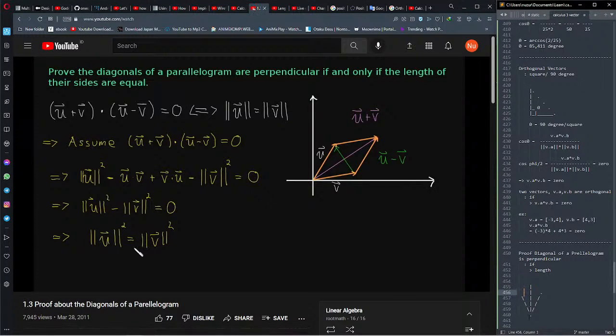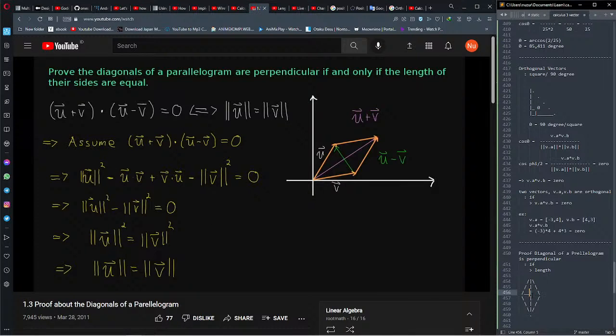Well, lengths of vectors are always positive, and so we could take the square root and not really worry about messing up this equality, because we're not going to need the negative part of the square root, because we know both of these lengths are positive. So we take the square root of both sides and we get exactly what we wanted, that the length of u is equal to the length of v. Okay, so we proved that if the diagonals are perpendicular, then their lengths must be equal.